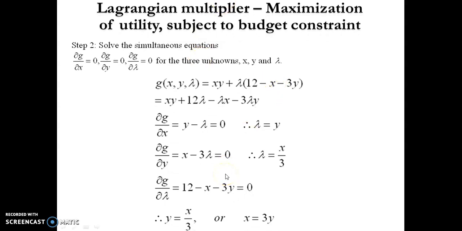Right. So now you can see that we have lambda is equal to y and lambda is equal to x over 3. So surely we want to solve simultaneously. We can equate those two as is done over here. So now you have y is equal to x over 3, or you could say x is equal to 3y. So what are we going to do with this? What do you think?